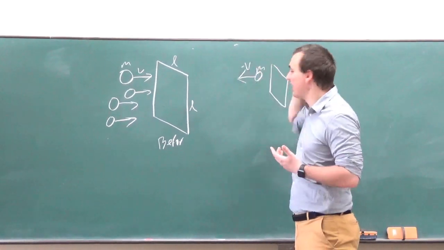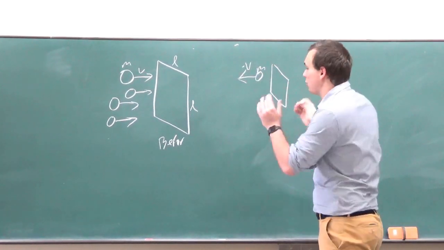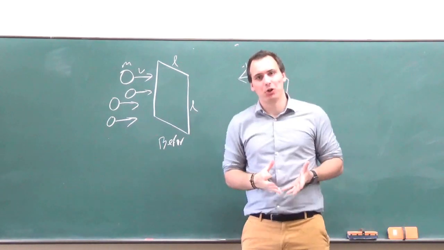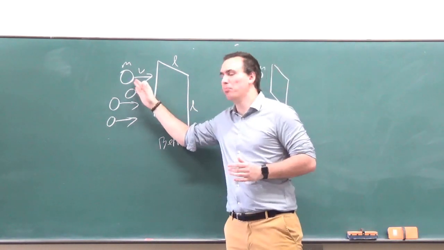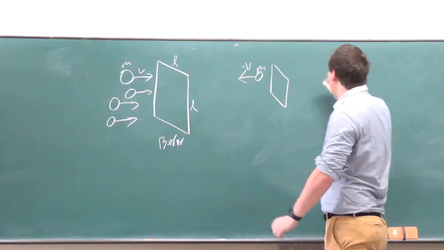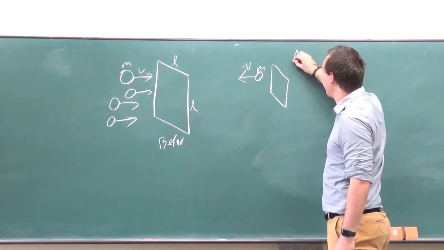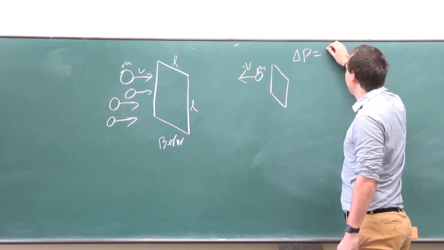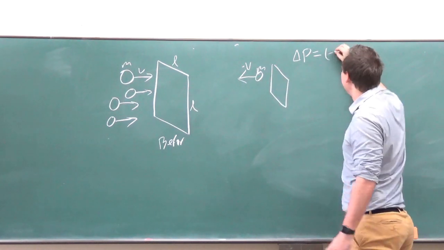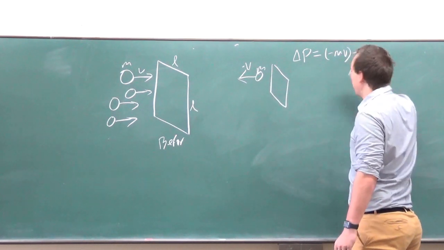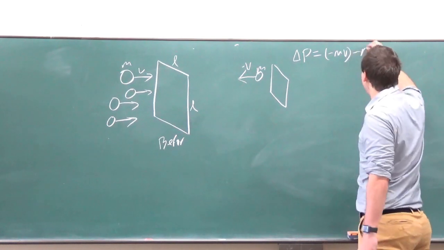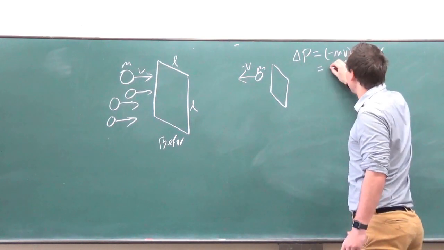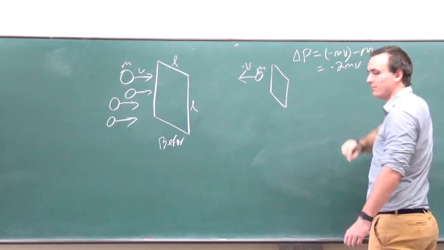So let's write that as negative v. So how much impulse did this molecule have? Well, impulse is the change in momentum, which is, let's see, our final momentum is negative mv minus our initial mv, equal to negative 2 mv.